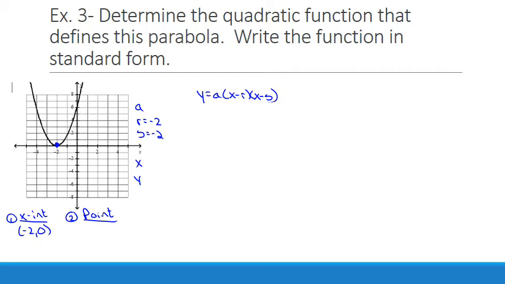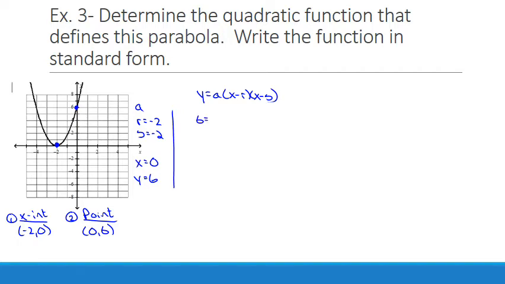So you can't use my x-intercept as my point. Sorry, I use a lot of words to say that. Point. There's one that I see, 0 and positive 6. So this will be 0, this is 6. And now I can solve for A.